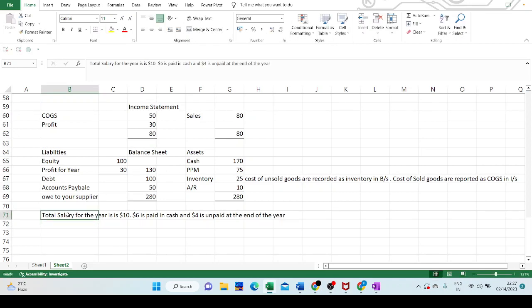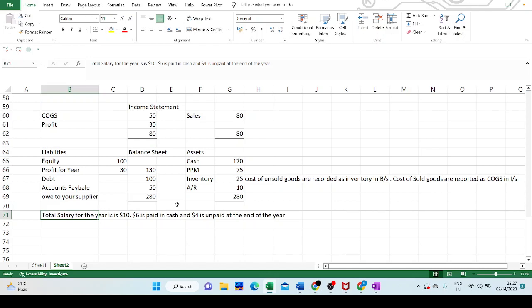So will this transaction impact our income statement, guys? Yes, it will.